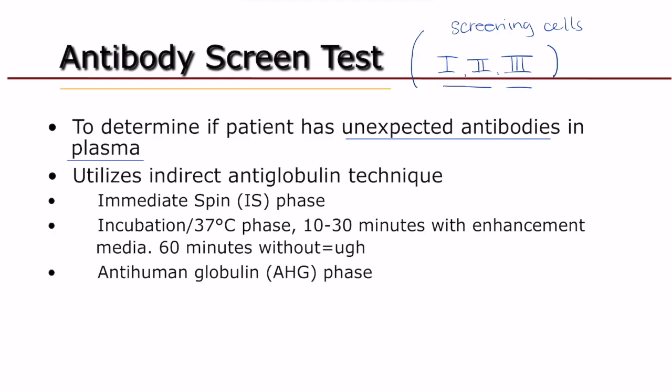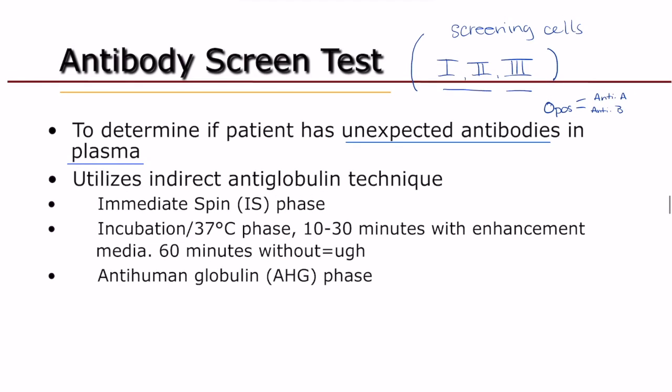So there are antibodies that we expect in a patient's plasma. For example, if the patient is type O pos, we expect them to have anti-A and anti-B. So those are expected antibodies.